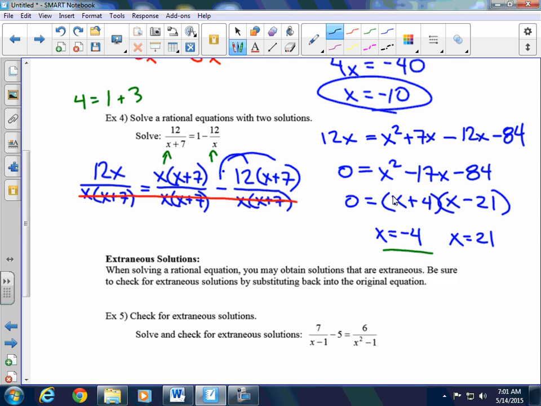And then we're going to do the same thing with 21. 21 plus 7 is 28. So we have 12 28ths. And then that's going to equal 1 minus negative 12 21sts.